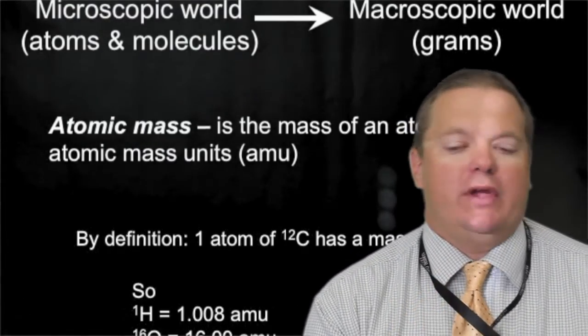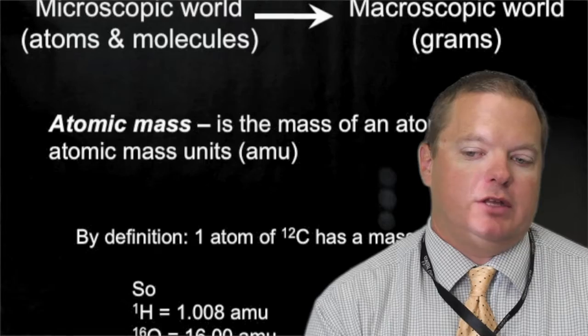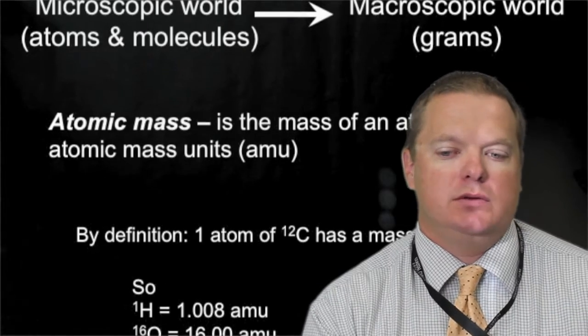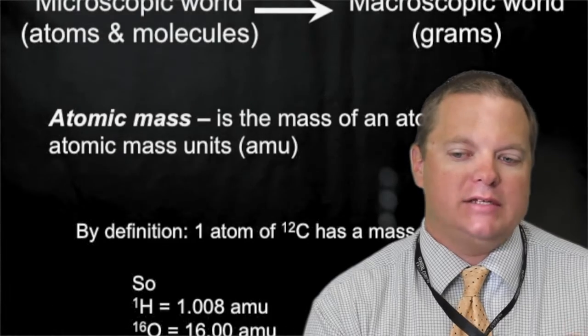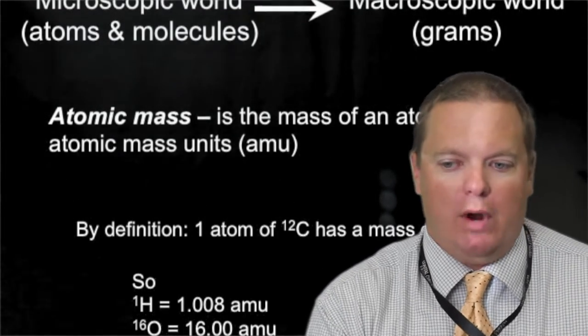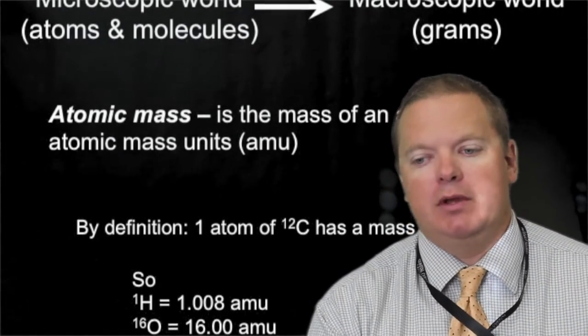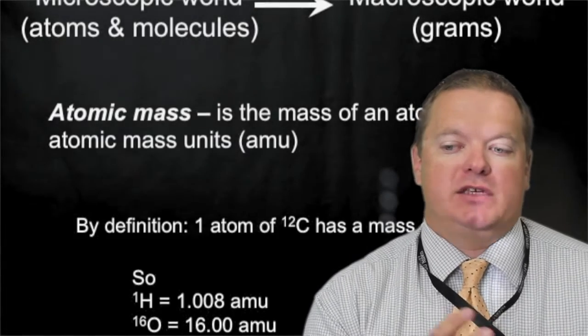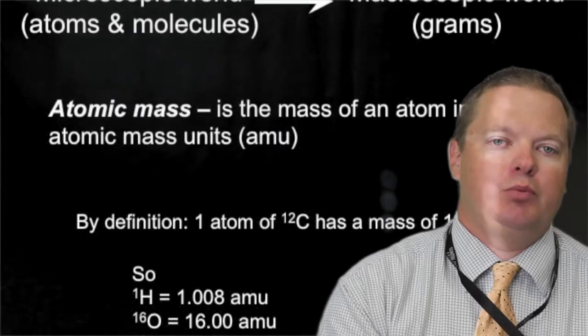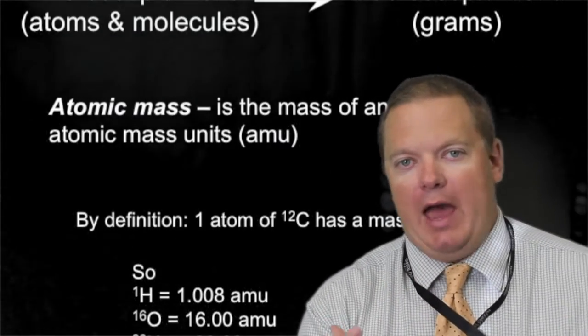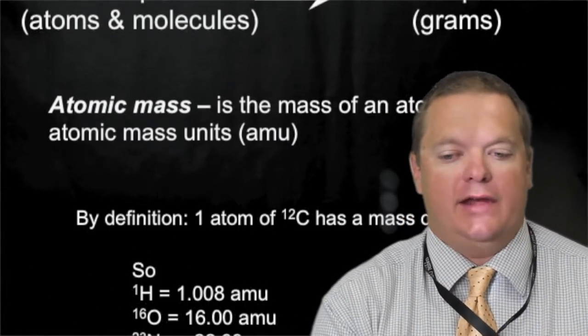One way we can think about atomic mass is what we call atomic mass units, or AMUs. We've defined an AMU based on carbon-12: an atom of that isotope of carbon has a mass of exactly 12 AMUs. Every other isotope or atom we look at, we compare to that definition.